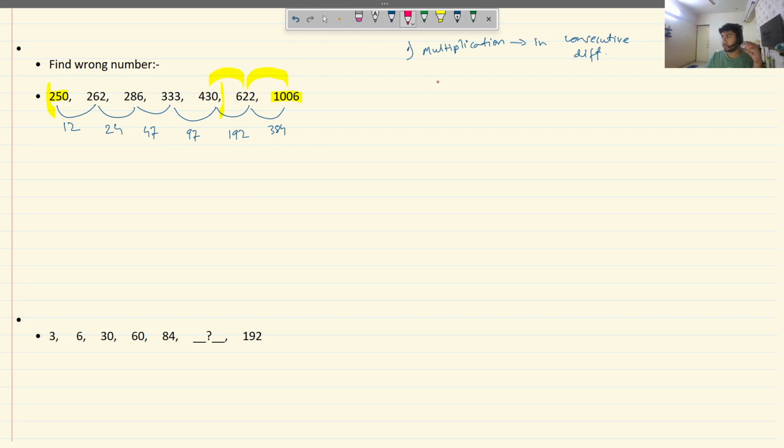I have to find the wrong number, and from my observation I have narrowed down my logic that it might contain some multiplication in some form. So I can see that 12 into 2 is 24, and again I can see that 192 into 2 is 384. 2 into 2 is 4, 2 into 9 is 18, 2 into 1 is 2, yes, 384.